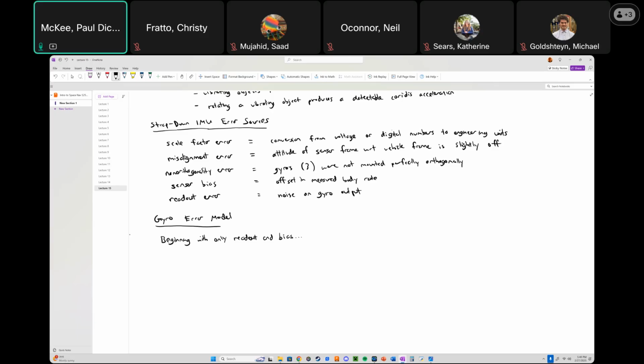So we're going to say that omega is going to be our measured body rate. So you could think of omega x, omega y, and omega z as our rotation in the 3 body directions. This is the vector omega. So omega plus a bias vector plus a noise vector, that's nu.